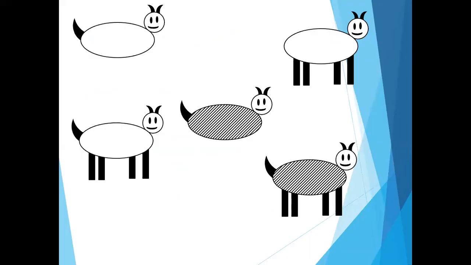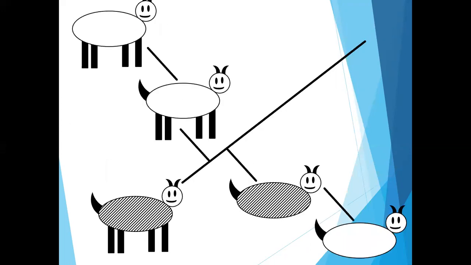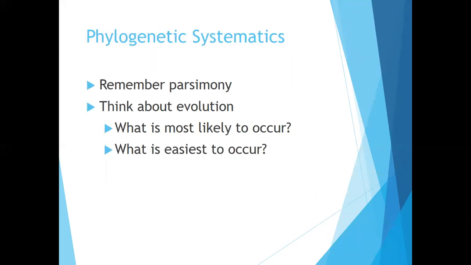We then used this example, and we built a phylogeny after determining that the one with legs and stripes was the ancestor. We built this possible phylogeny. So you're going to remember the idea of parsimony, and you're going to think about evolution. What is likely to occur? What is easiest to recur? And how are these different groups related?